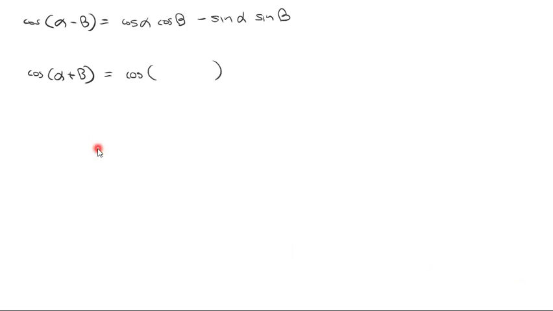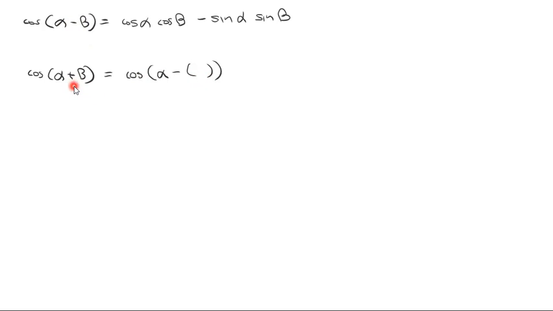So if I want cosine alpha plus beta, and I know this to be true because I've just proven it, then what can I put in the bracket so that these are the same thing? I'm putting negative here because I want to use the rule above. What can I put in brackets there that would make it equal?